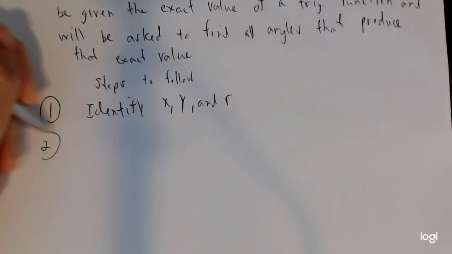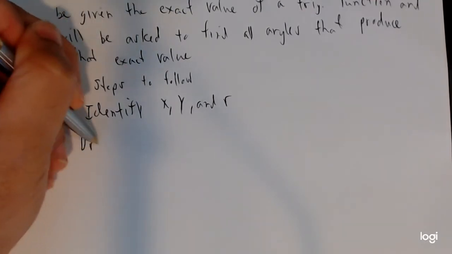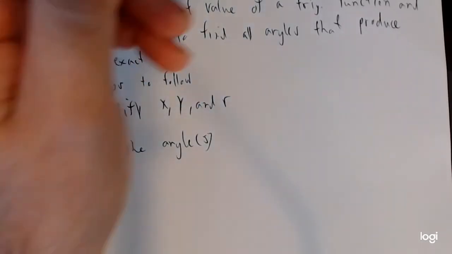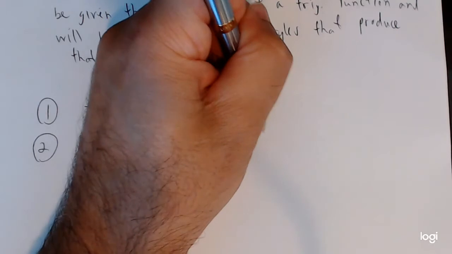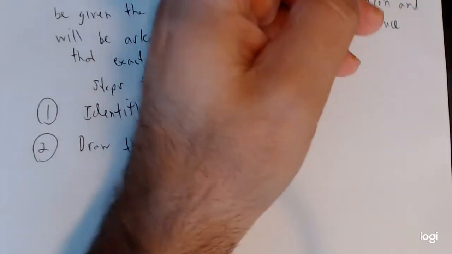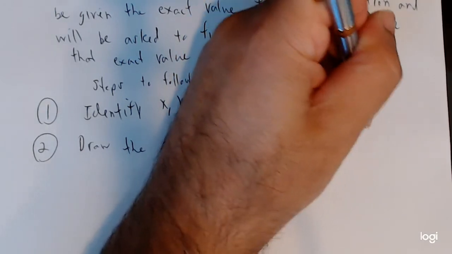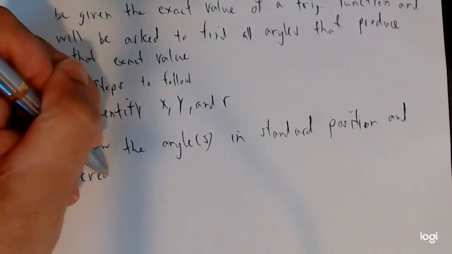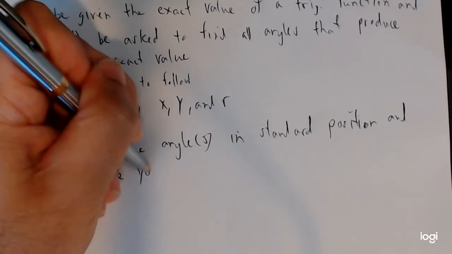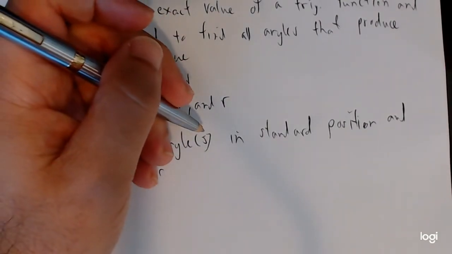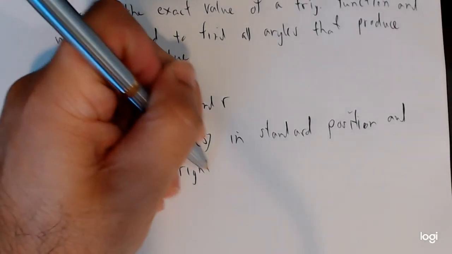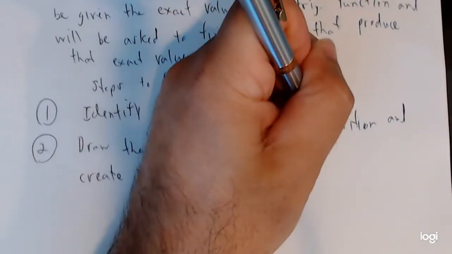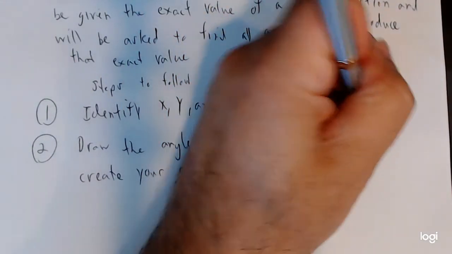So then, once we do that, we're going to draw a picture. We're going to draw the angle or angles, we might have more than one, in standard position and create your right triangles using x, y, and r.